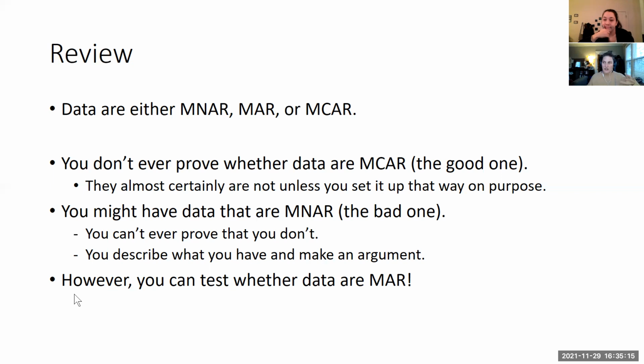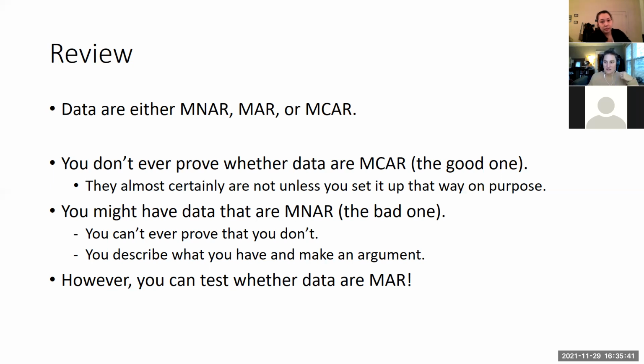Are there points I can help clarify about the distinction between the 3? Quick clarification, because I don't think I wrote it down. You went through this, click through the slides, but the one that you can test for, that's missing at random, not the missing completely at random, right?